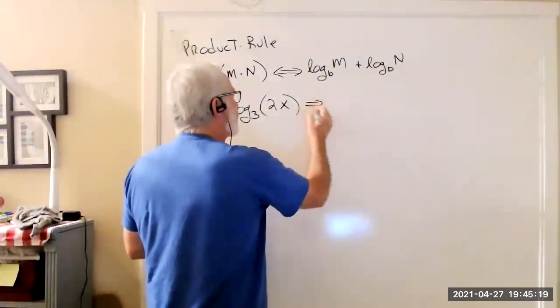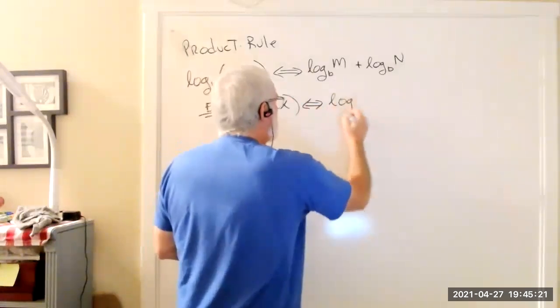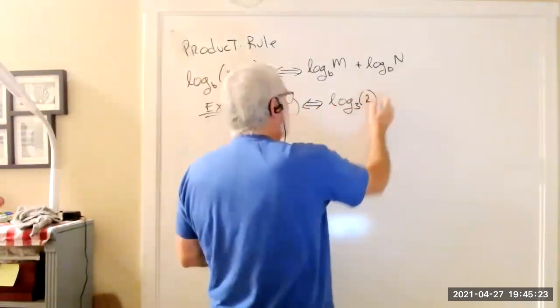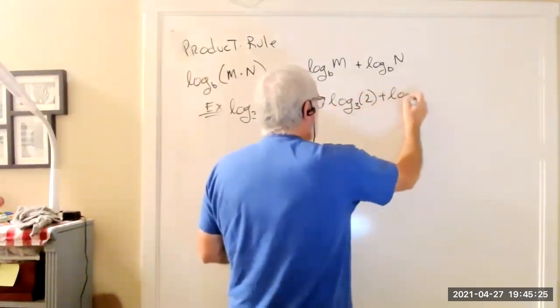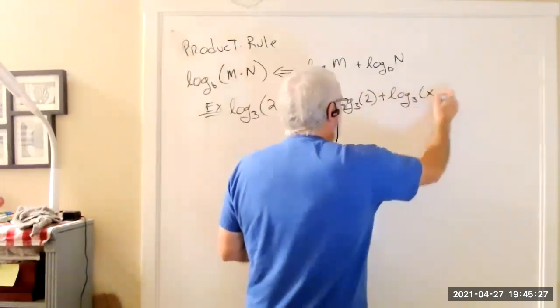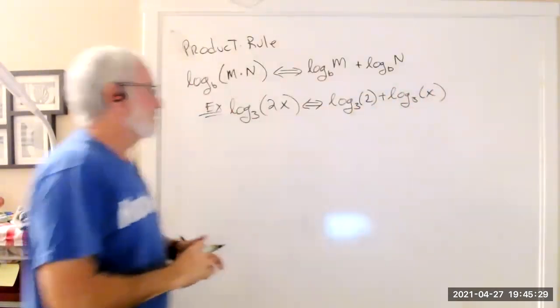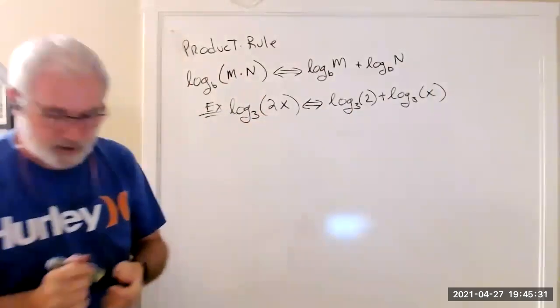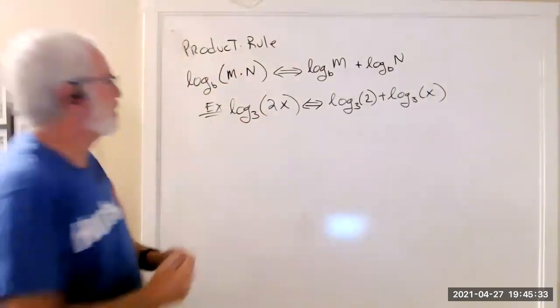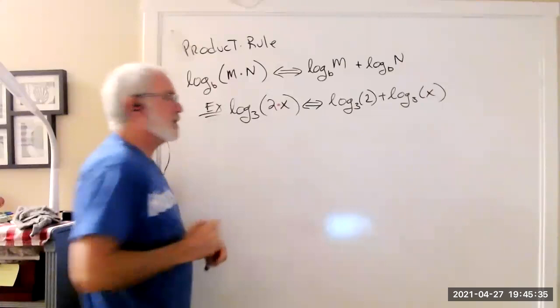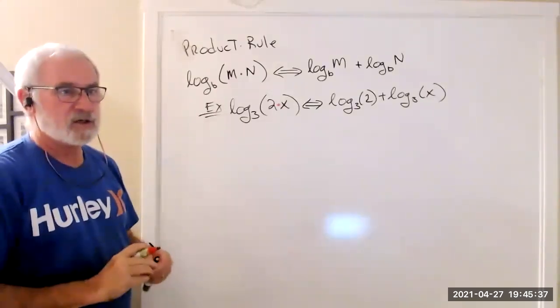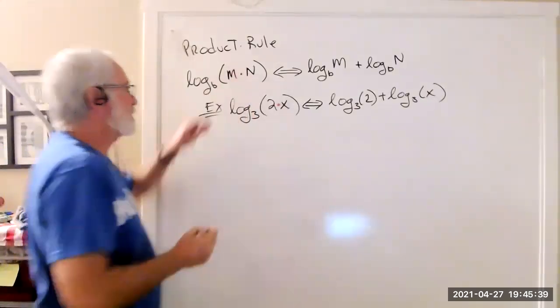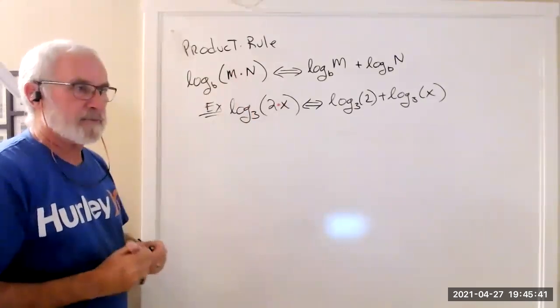You could convert this into the log base 3 of 2 plus the log base 3 of x. Because when we write 2x in algebra, we mean 2 times x. That's what this rule says.